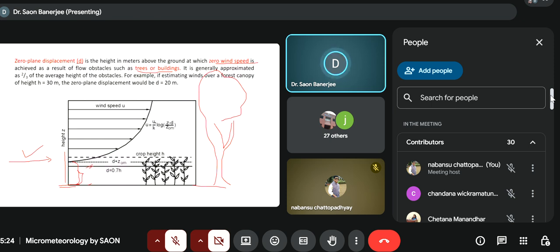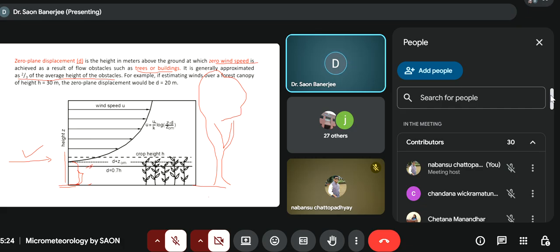That's why I'm telling you again that D is, if there is any tree or building, due to this obstacle, some displacement up to which the wind speed is zero, and generally it is 1/3 or 2/3 of the average height of the obstacles. So if this height is, for example, 30 meter, our D will be 20 meter.